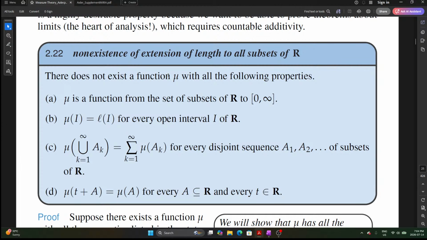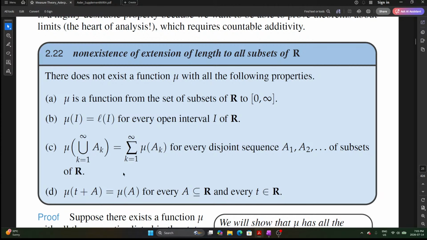We want, ideally, a function mu, which is the extension of length to all subsets of real. So how should mu behave? Well, mu takes an arbitrary subset of real to 0 to infinity. Next, it needs to agree with the usual notion of length for open intervals. Outer measure satisfies this.